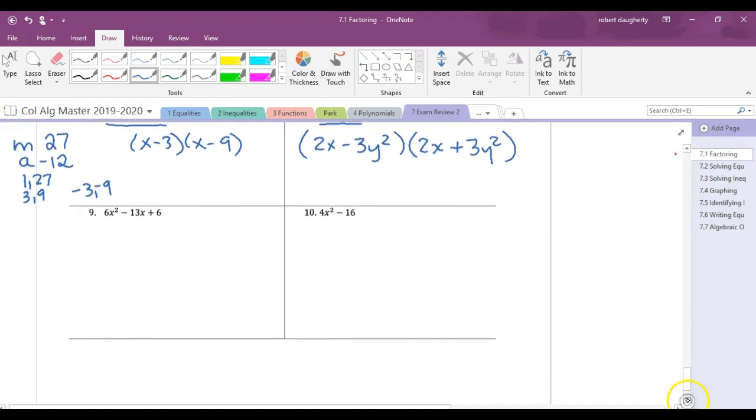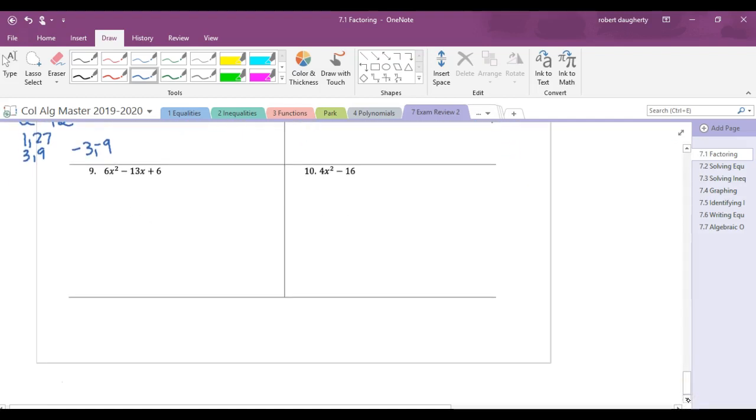Number 9. How do I factor this? Well, I need to find two numbers that multiply to give me a 36 and add to give me a negative 13. Factors of 36, 1 and 36, 2 and 18, 3 and 12, 4 and 9. The only way to get a negative 13 out of those guys is if I had a negative 4 and a negative 9, and those would multiply to positive 36.